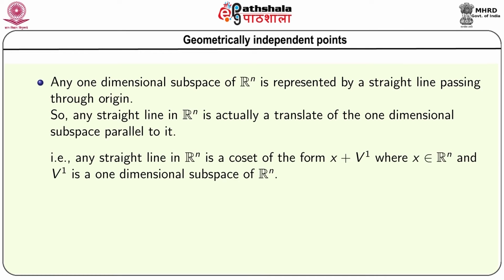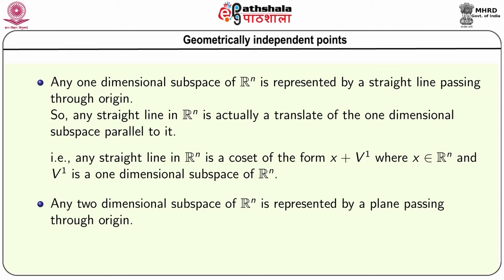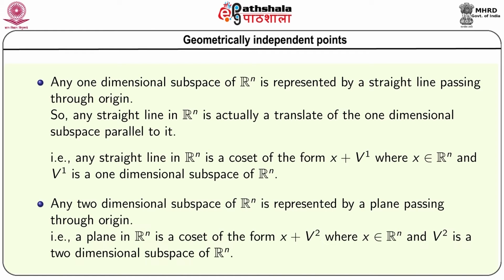That is, any straight line in Rn is a coset of the form x plus v1, where v1 stands for a one dimensional subspace of Rn and x is any point in Rn. Similarly, any two dimensional subspace of Rn is represented by a plane passing through origin. That is, a plane in Rn is a coset of the form x plus v2, where x is a point in Rn and v2 is a two dimensional subspace of Rn.